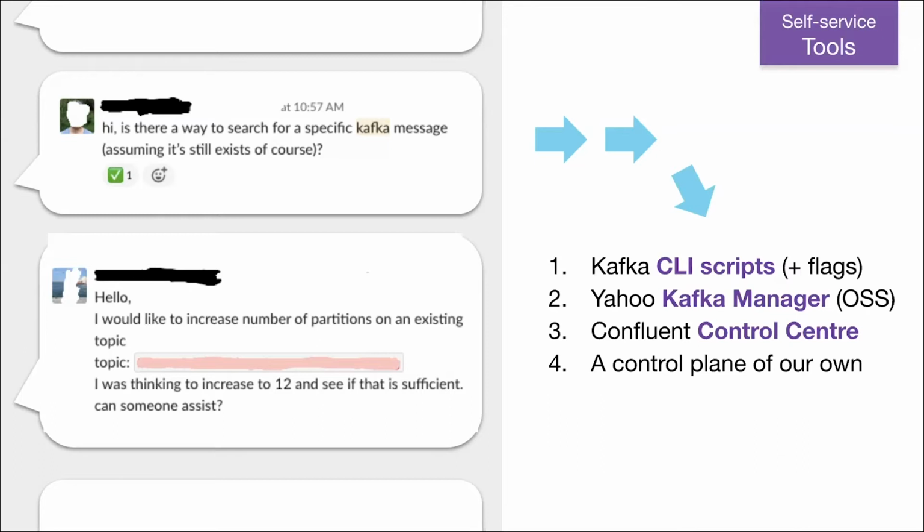So having a web-based GUI is probably better for our developers, and there are open source solutions out there like the Yahoo Kafka Manager, and also a commercial one like Confluent Control Center. But we decided to create our own control plane because of our own special needs.